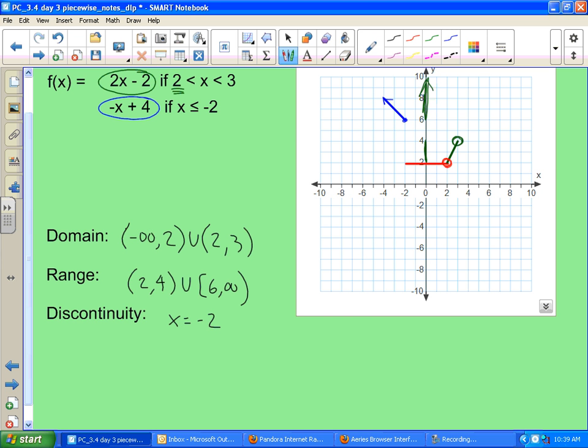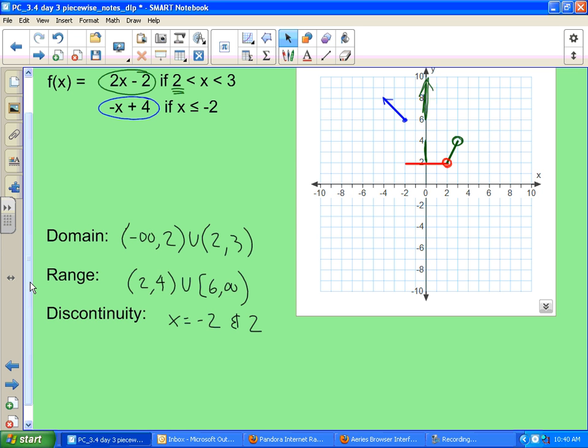It can't be equal to 2, so I have a broken graph. That's a point of discontinuity. So I have 2 points of discontinuity. I'm broken at 2 and -2. I have a hole in my graph at 2, and then I have a large gap in my y values at -2. So I have multiple points of discontinuity.